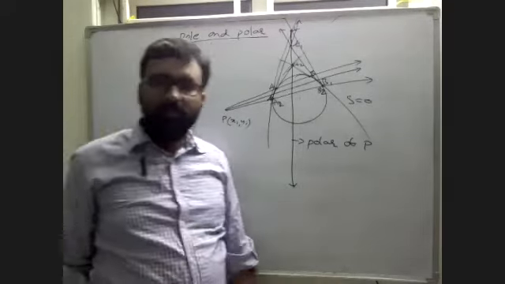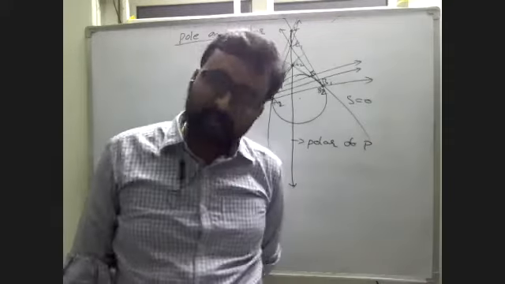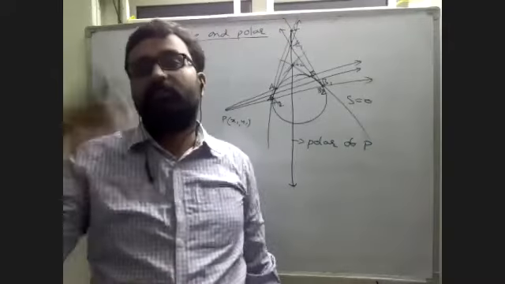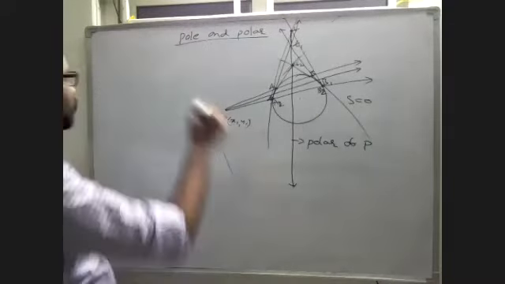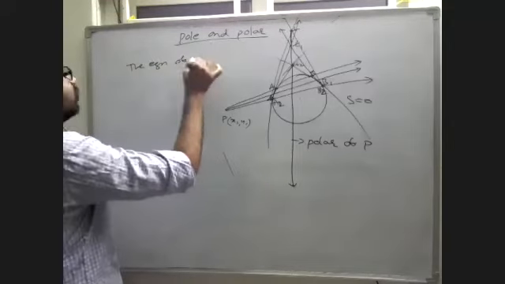I told you just now the equation of the tangent is S1 equal to 0. The equation of the chord of contact is S1 equal to 0. We will get the same formula for one more topic, that is this polar.